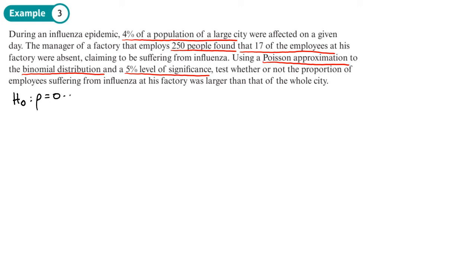Okay, 4%. He says that the proportion of people at his factory suffering from influenza was larger than that of the whole city. So is the proportion of people greater than 4% at his factory? That's what we're going to test.